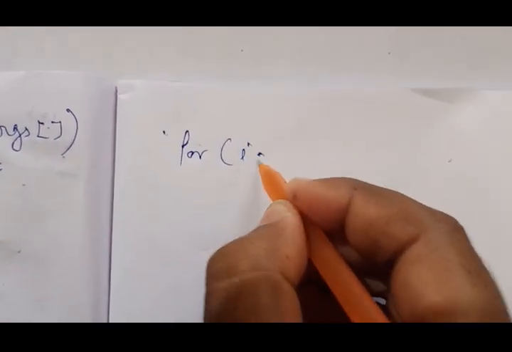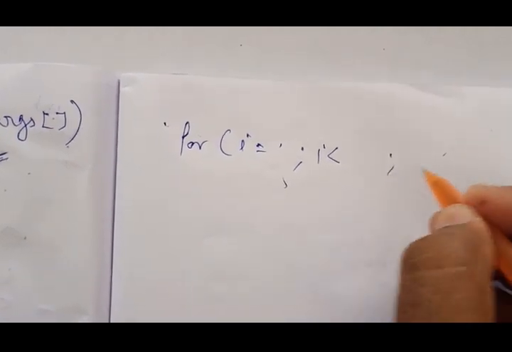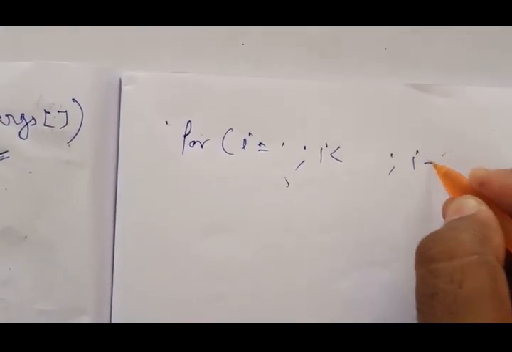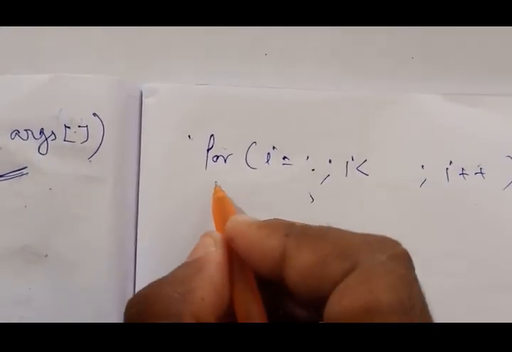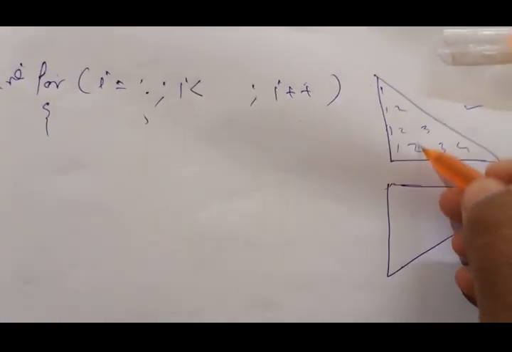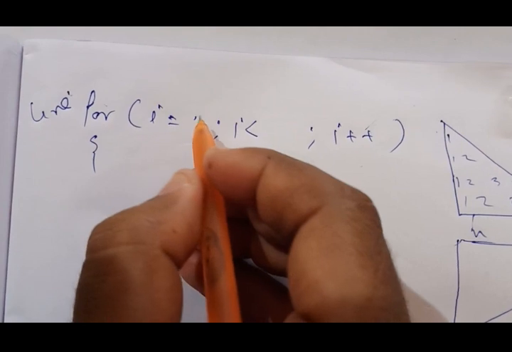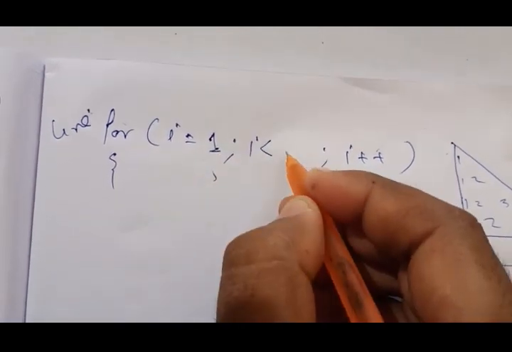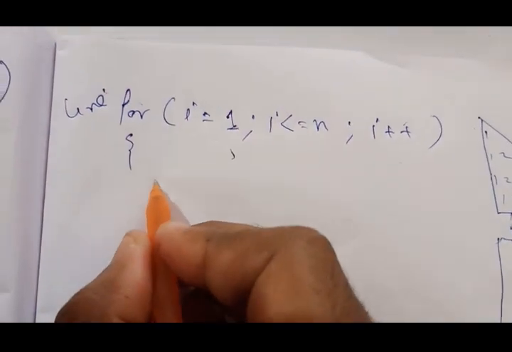for i is equal to, i less than, i plus plus. Whatever the starting point and ending point, it doesn't matter. So the first loop is always for lines. How many lines do we have? Suppose there are 4 lines, or n lines. So starting from 1 up to i is equal to n. Clear?